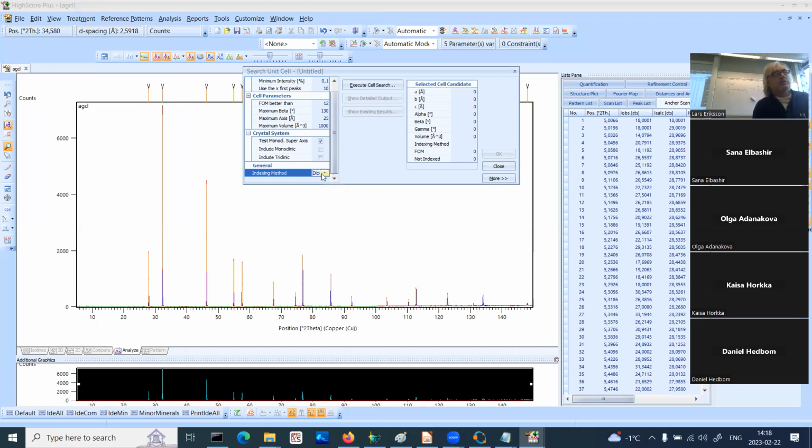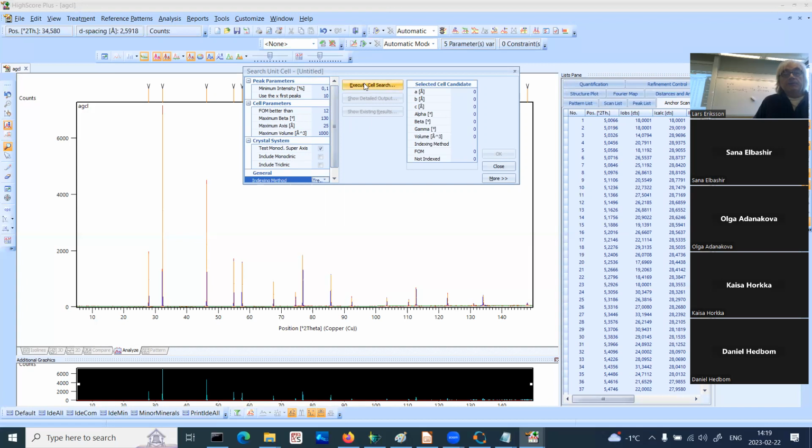I think that is because I usually put DICVOL and it learned that I want DICVOL. But we want TREOR, just to compare. Test monoclinic superaxis and such things. Yeah, why not? I'm not sure exactly. Use the first peaks. Yes, 10 peaks is no problem.